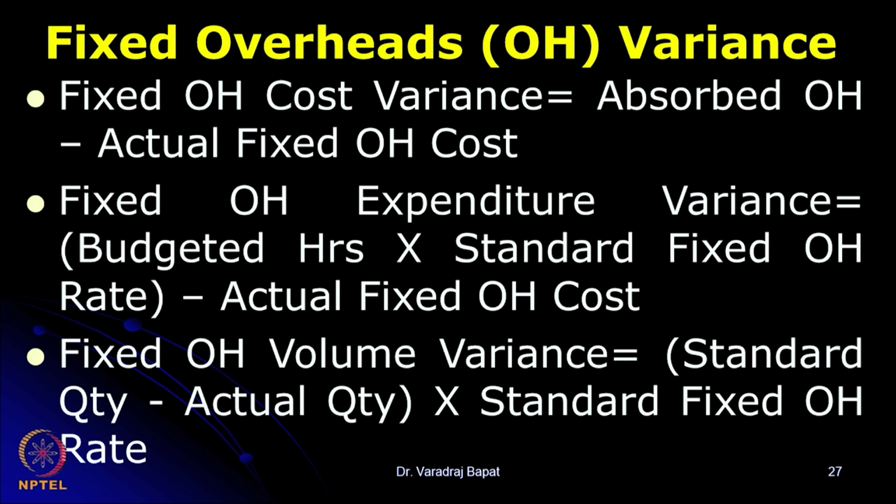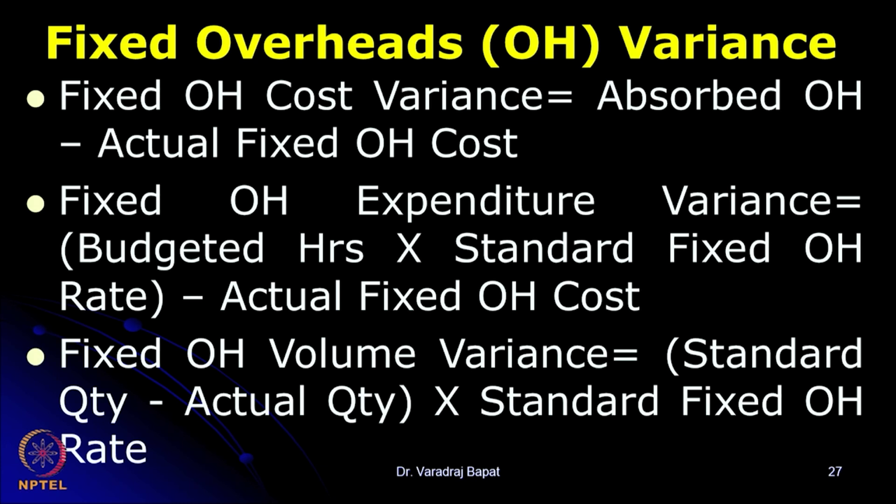Now let us go to fixed overhead variance. Again, the first one is very simple, that is fixed overhead cost variance. This is the absorbed overhead or the standard overhead minus actual overhead. Then the expenditure variance, this is the amount spent.